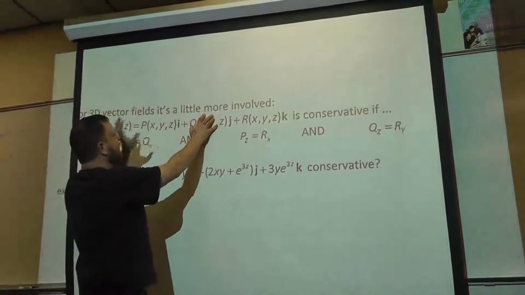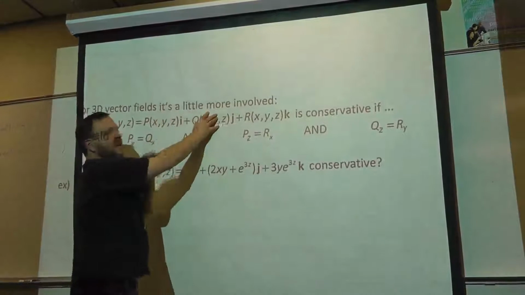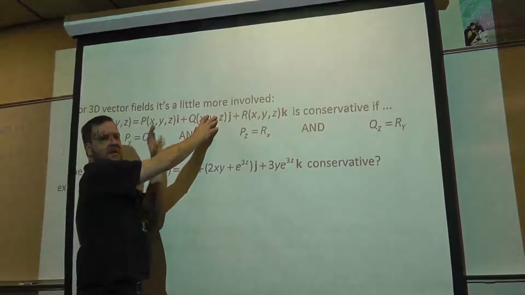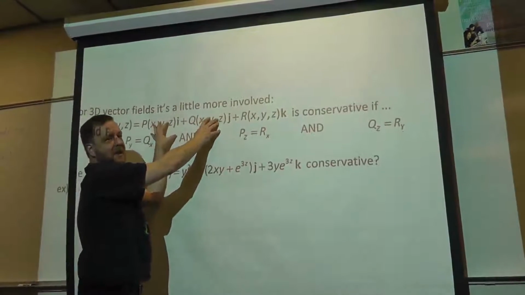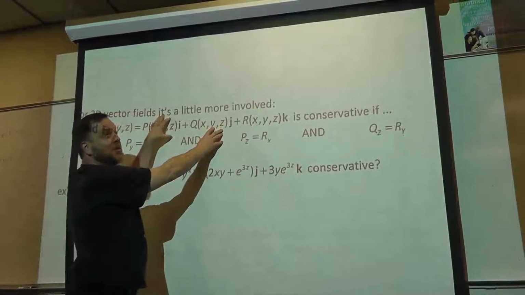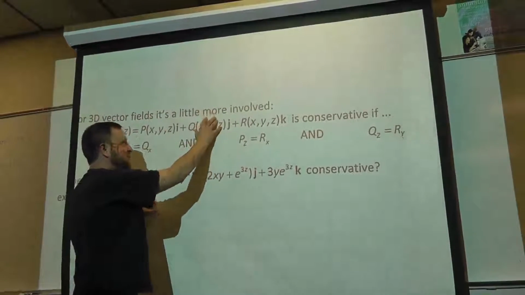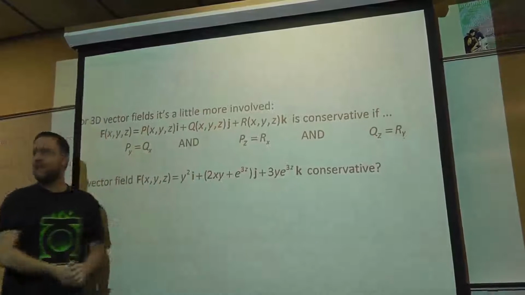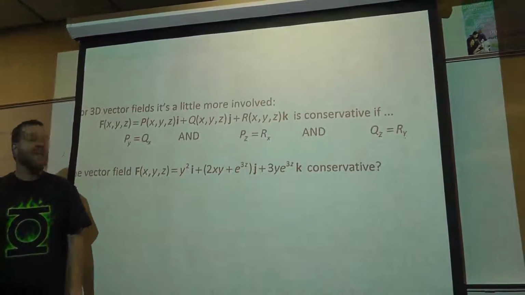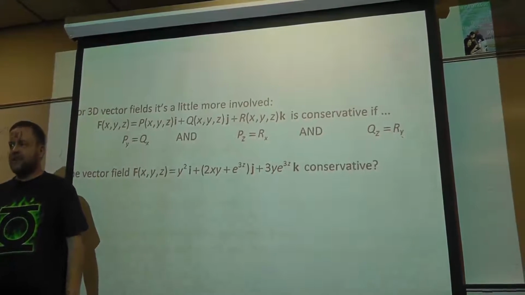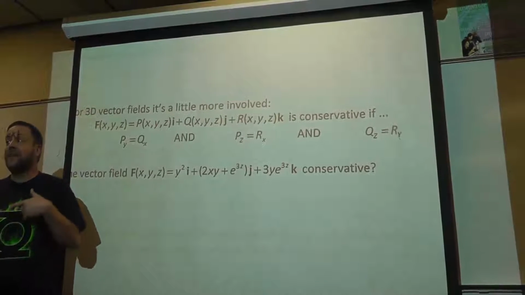When you pick P and Q, P is in the x position, Q is in the y position, so mix those partial derivatives based on those positions. Take P's partial with respect to y, and take Q's partial with respect to x to see if that's true. Then you're 1/3 of the way through with verifying conservativity, because you have to verify it for every pairing you can make.